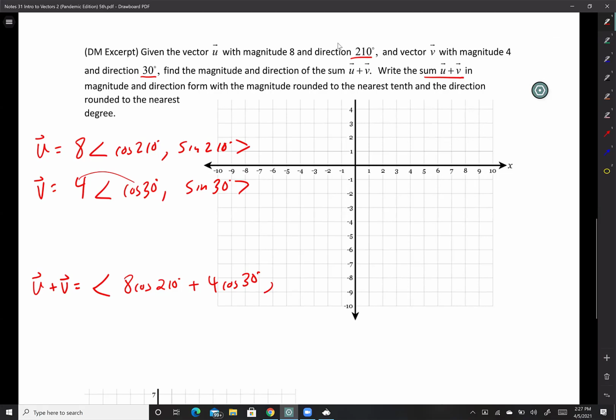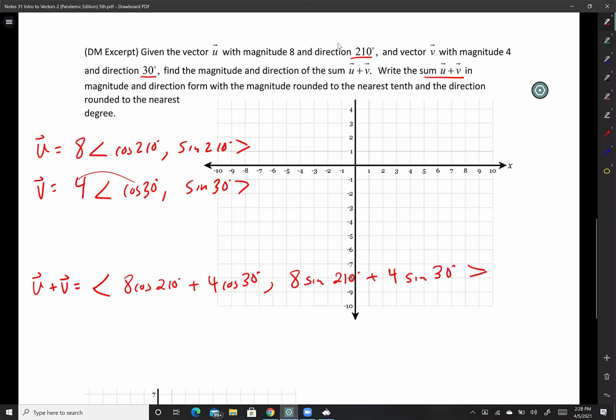In physics class, they might write that as 8 cosine 210 degrees i plus 4 cosine 30 degrees i. Now I'm going to add the y components: 8 sine 210 degrees plus 4 sine 30 degrees.